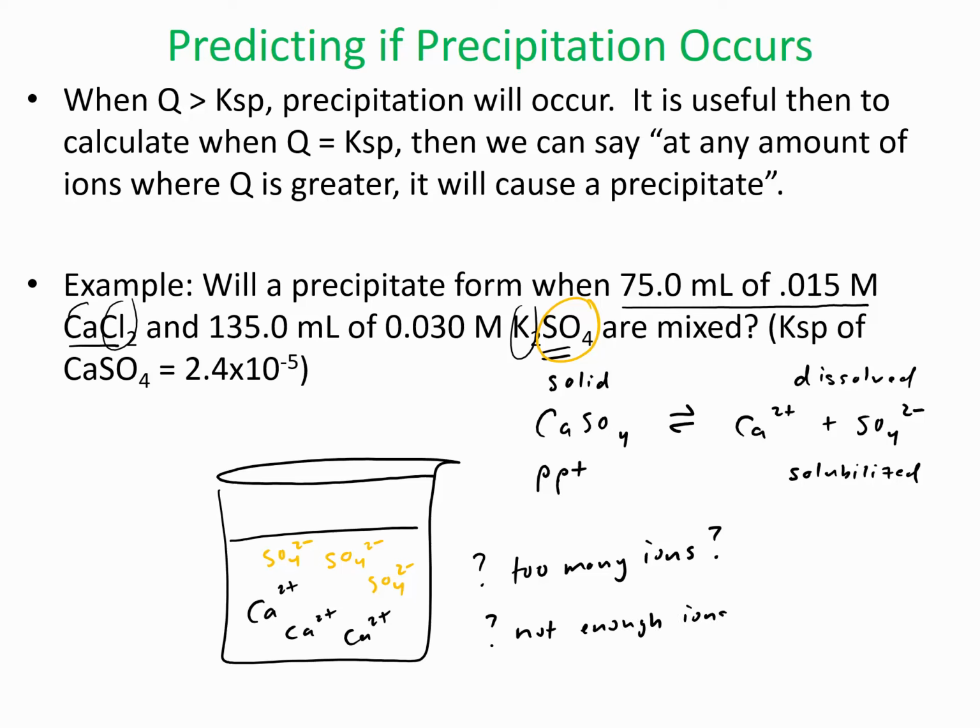Where is Q in relation to Ksp, to this number here? Let's try this. We're going to calculate the concentration of calcium.